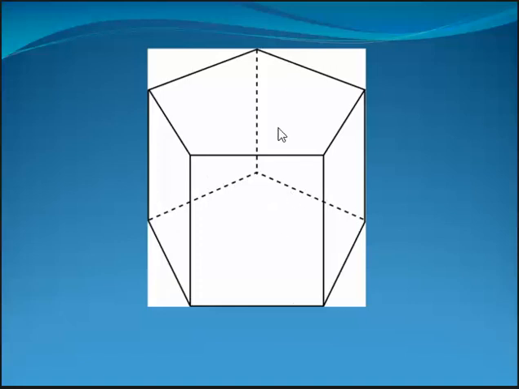They're parallel, and those are the only two sides that are this shape. What shape is this? This is how we name the prism. How many sides does it have? 1, 2, 3, 4, 5. What is our polygon that has 5 sides? It is the pentagon. So we would call this a pentagonal prism.